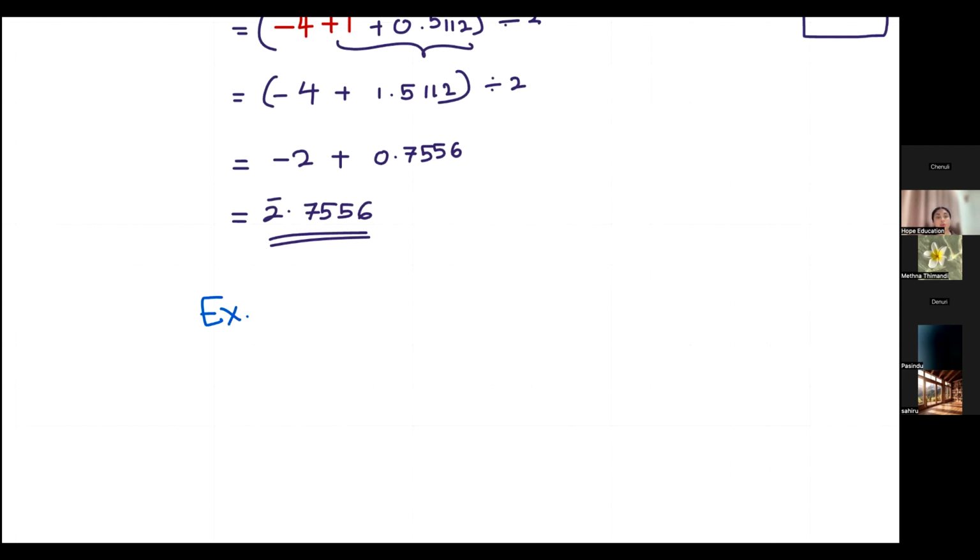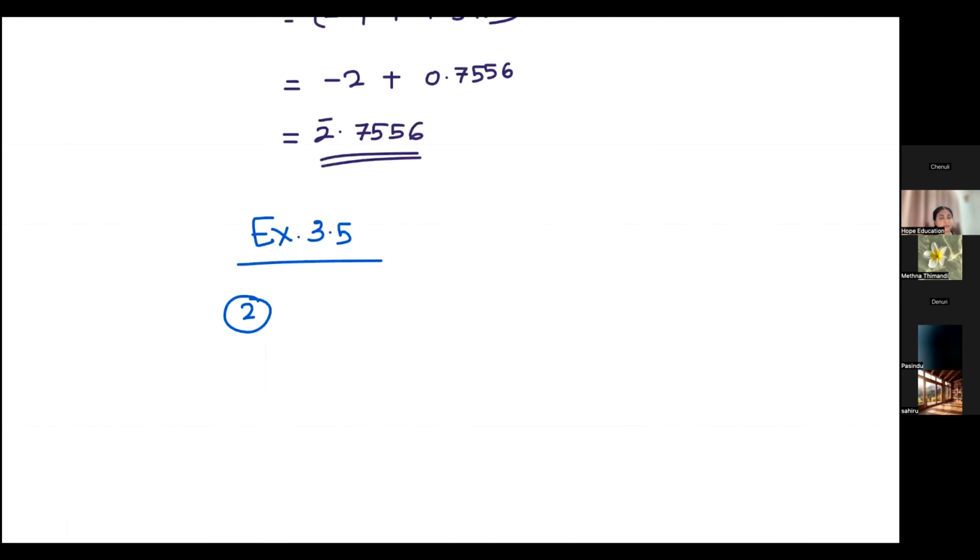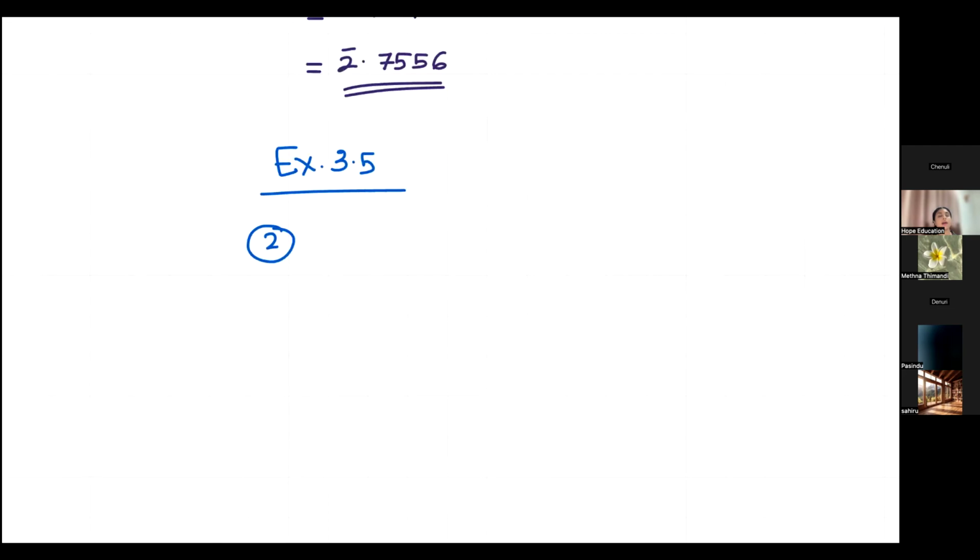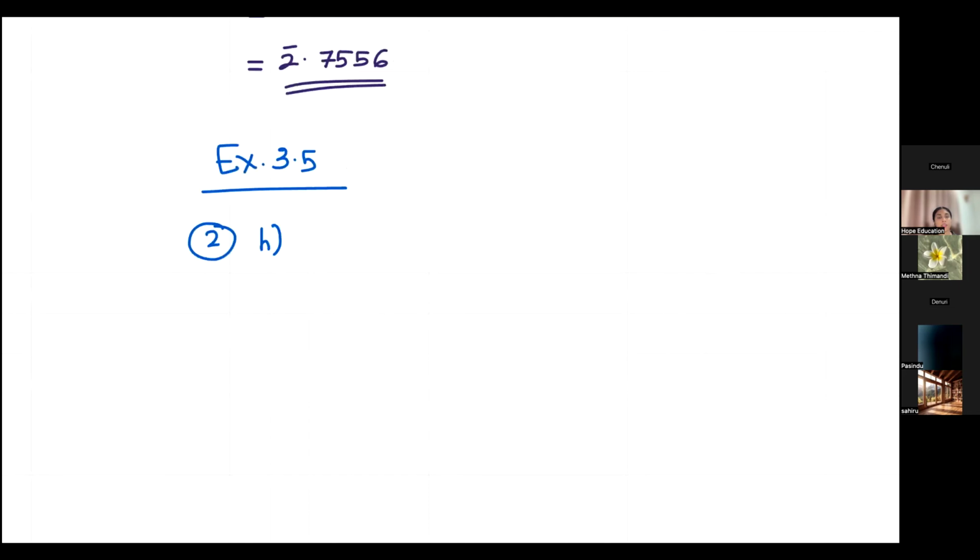Okay. Go to exercise 3.5. Let's do the second question. Let's do H, which is bar 2.9312 divided by 3. Quickly do this alone.